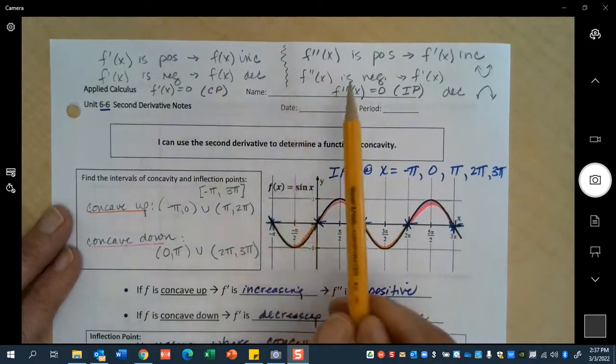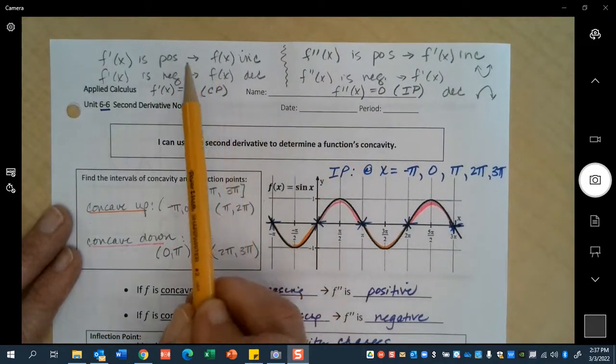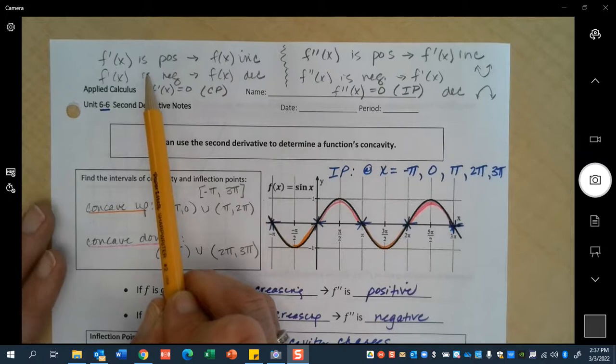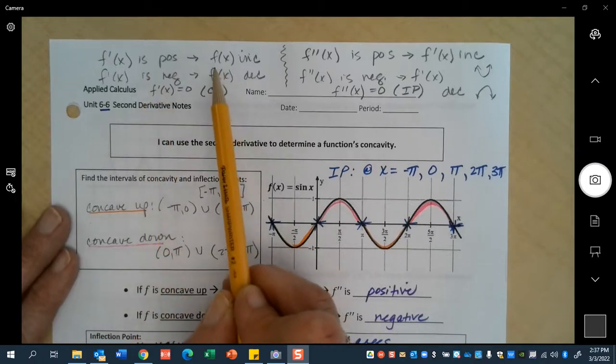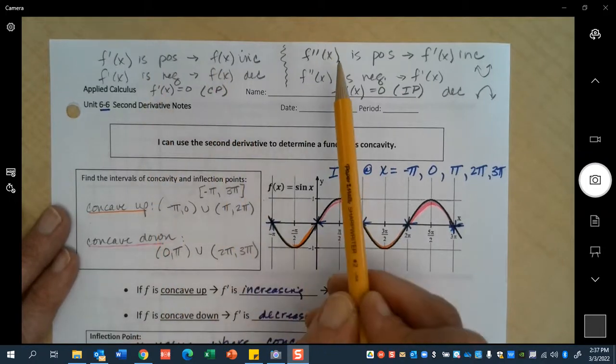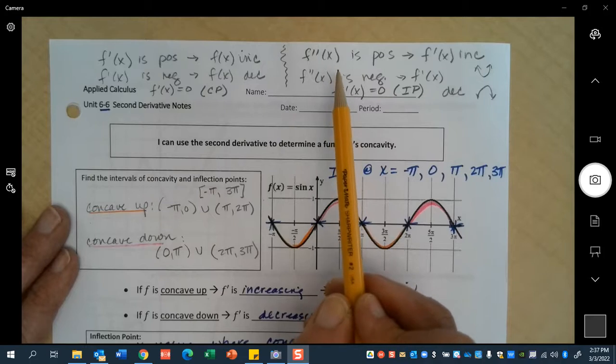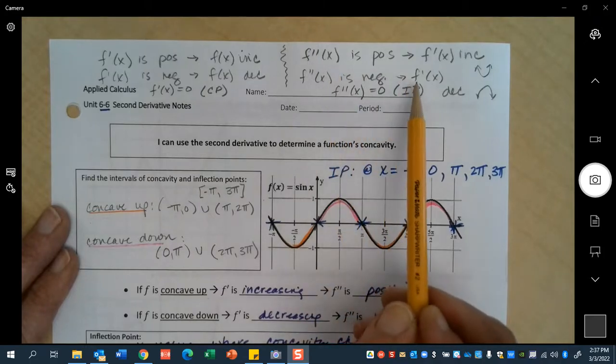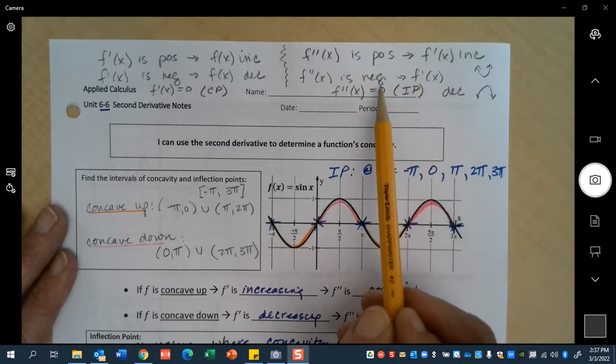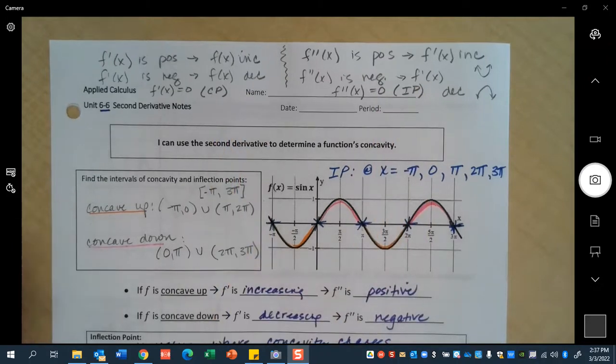So make sure you don't get twisted up in talking about the effect that the derivative sign has on the increasing, decreasing nature of the function, and the effect the second derivative sign has on the increasing, decreasing nature of the graph of the derivative. What happens when each of those things is equal to 0?